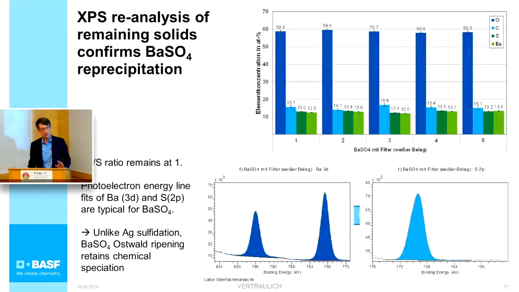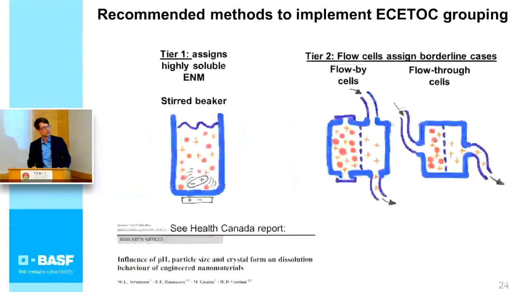We know that it reprecipitates into barium sulfate from XPS, not going into detail here, but unlike silver, for instance, which does sulfidation into a different species, it remains the same species. And so this is our final recommendation. For a simple assessment of solubility, the stirred beaker is quite okay.